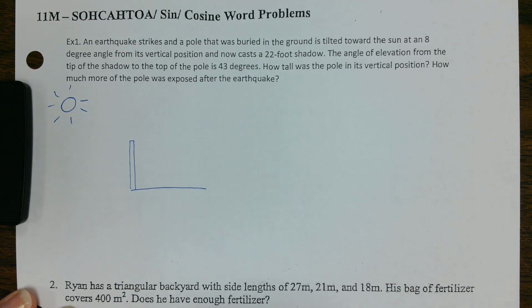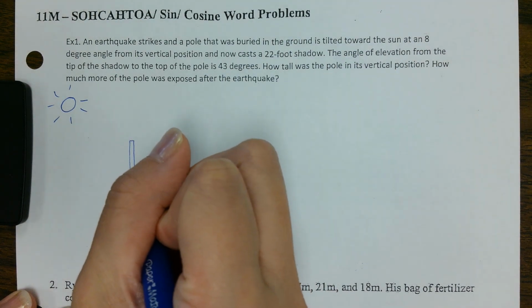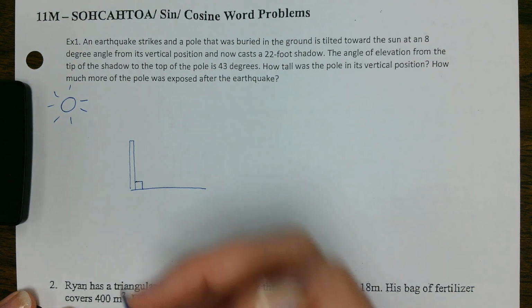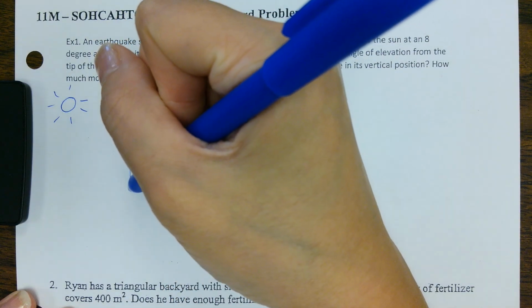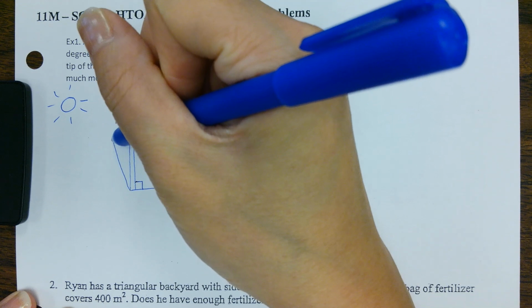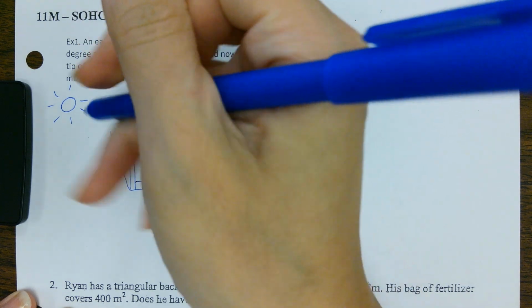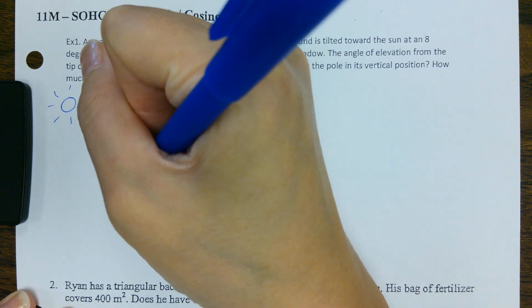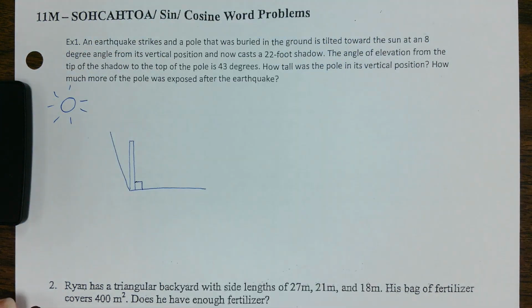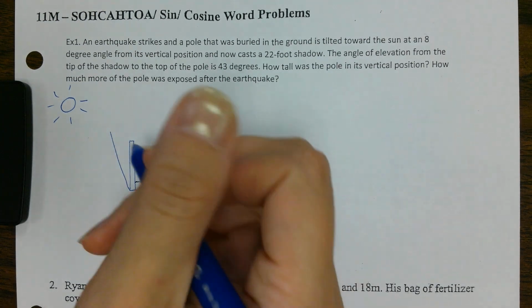Okay, so this was the original pole at a vertical position. So this angle right here is 90 degrees. But because of the humongous earthquake, this pole is now tilted towards the sun, like this. And more of it got exposed because of the earthquake. The ground is broken, and so it looks like this.